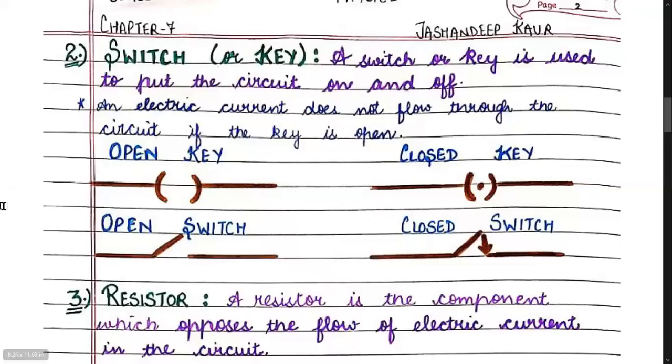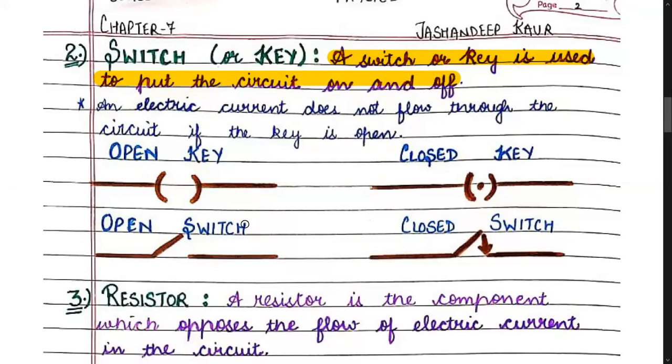Now let us move to the second component, that is a switch or a key. Now students, a switch or a key is used to put the circuit in an on and off state.